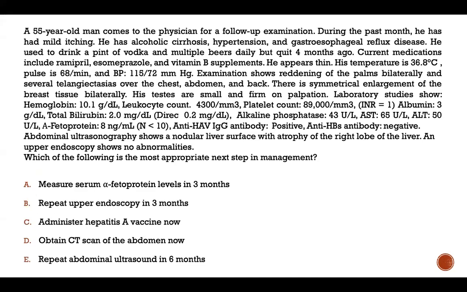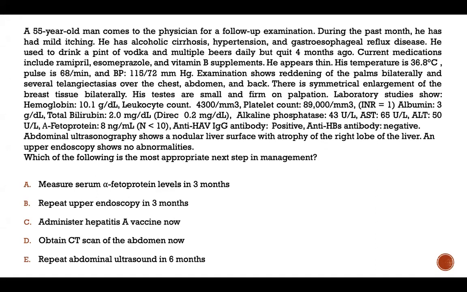Okay, a 55-year-old man comes to the physician for a follow-up examination during the past month. He has had mild itching. Alcoholic cirrhosis, hypertension, GERD, vodka, quit 4 months ago. Current medications: ramipril, esomeprazole, vitamin B. Appears thin, his temperature is within normal, pulse normal, blood pressure normal.